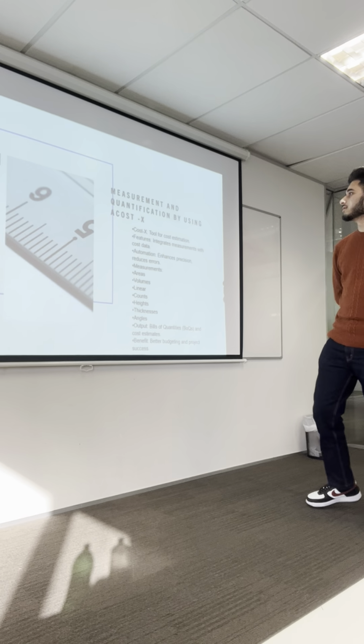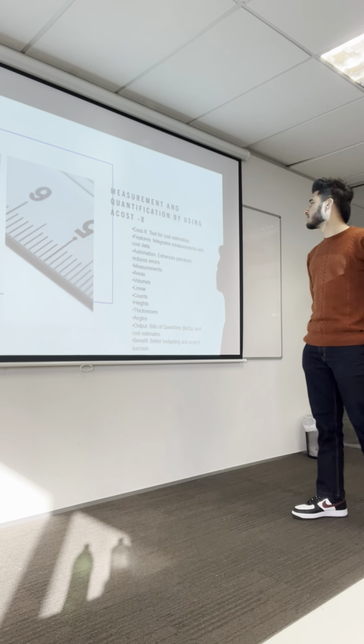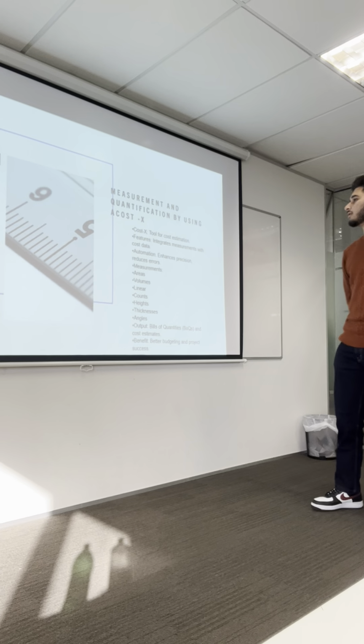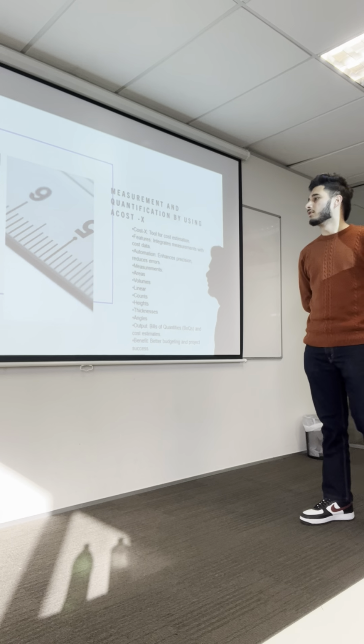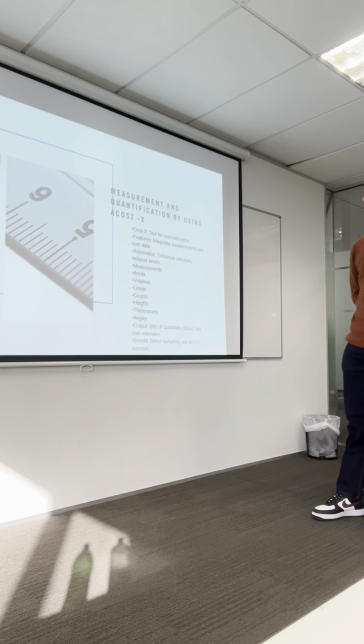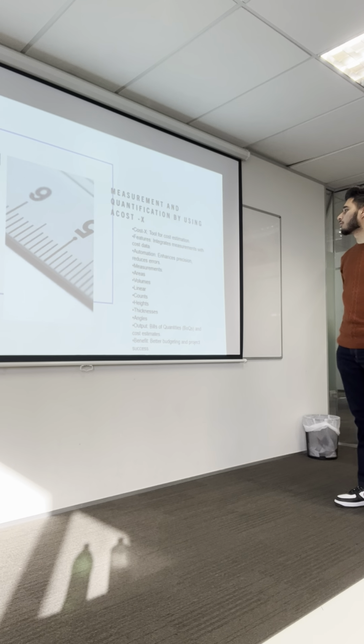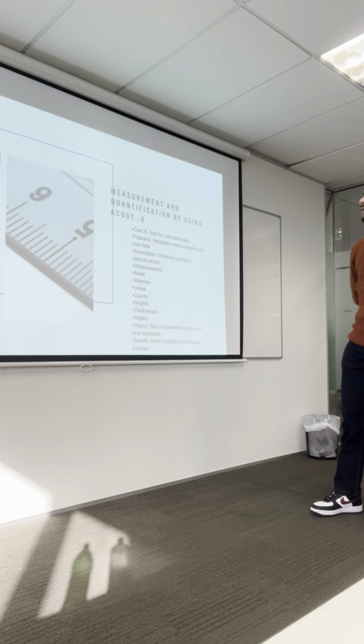The next is measurement and quantification by using Costex. As you can see in the picture, I mentioned the area of the building, and the green one is positive and the red one is negative. It is a tool for cost estimation, with features that integrate measurements with cost data.